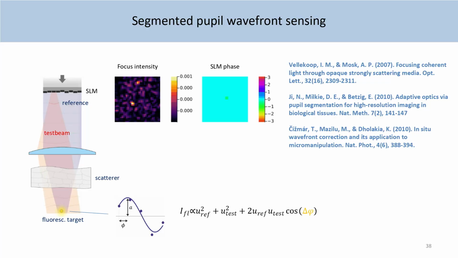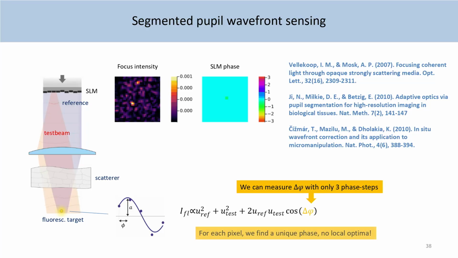I shift the phase of this single pixel, and I will get a sinusoidal intensity excursion that I can measure. It's interferometry. We know we need 3 measurements to find out the phase, the amplitude, and the offset. 3 unknowns, 3 measurements.